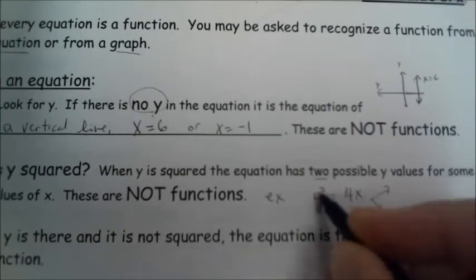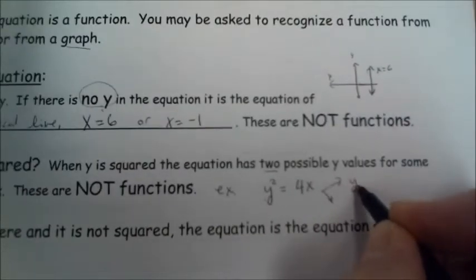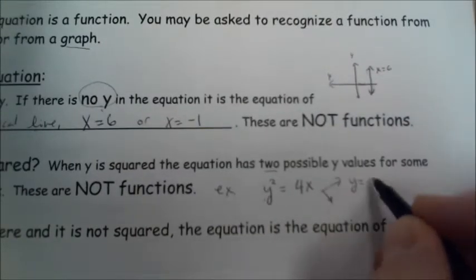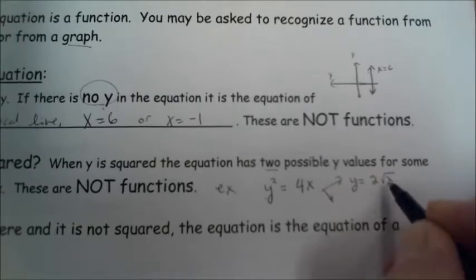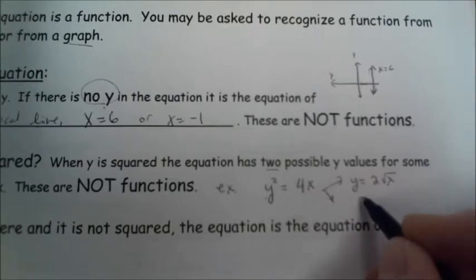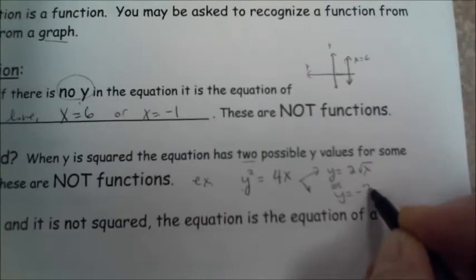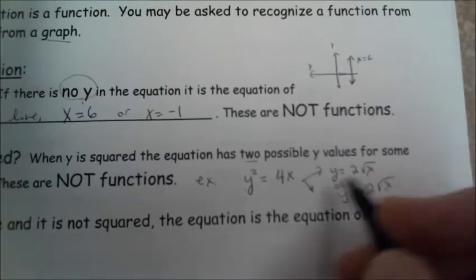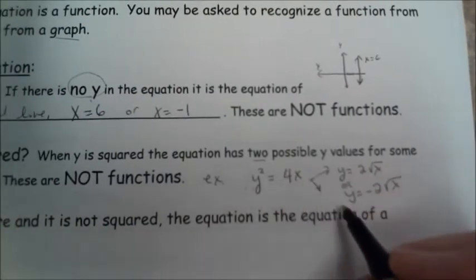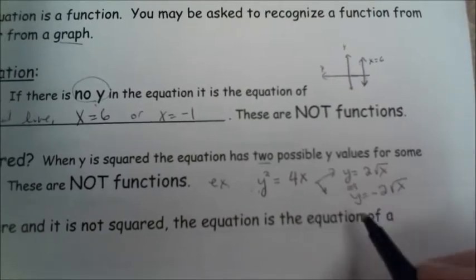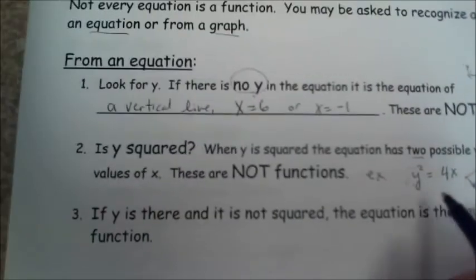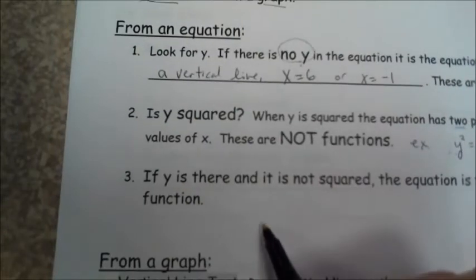If you take the square root of both sides, y can be equal to 2 square root of x, or y could be equal to -2 square root of x, because when you take the square root of both sides you do plus or minus, if you remember from the last chapter. So that's why if y is squared, it's not a function.